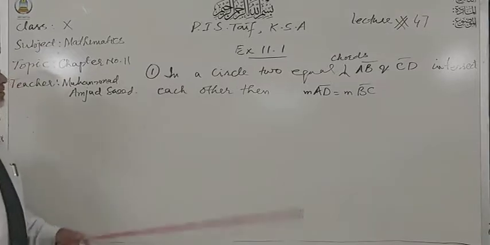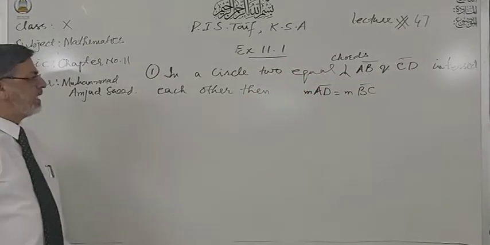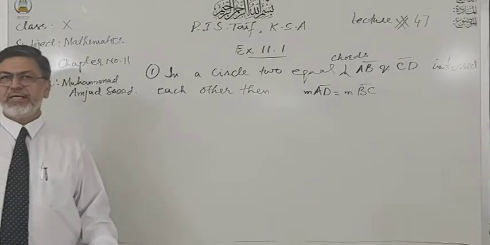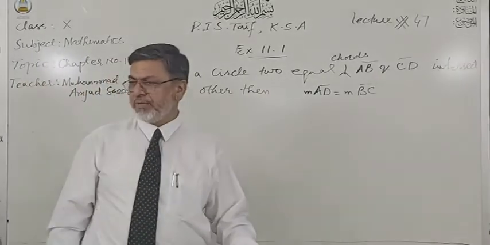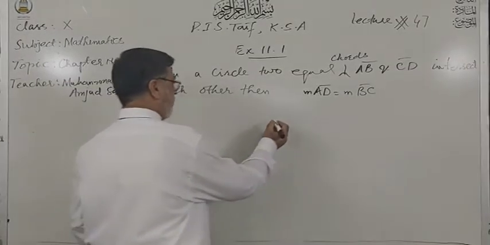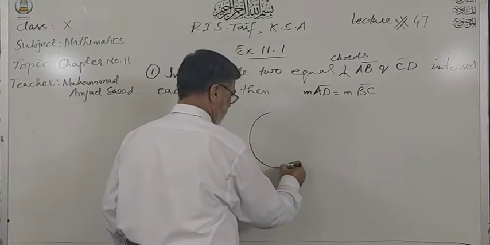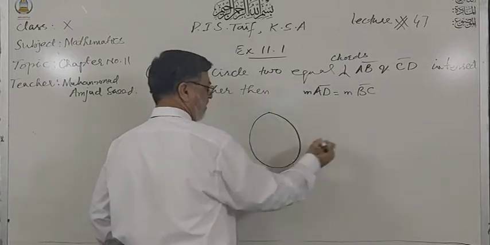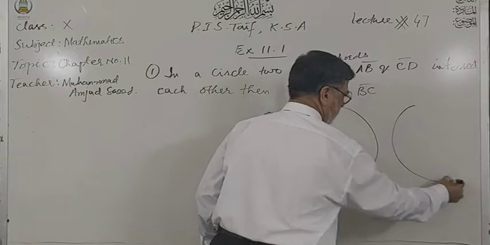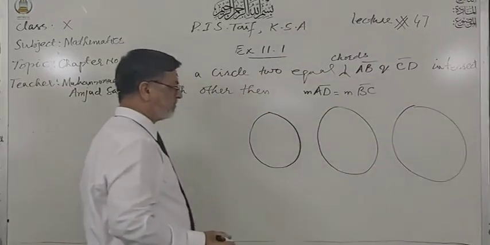In a circle, two equal chords AB and CD intersect each other, then AD is equal to BC. We have three possibilities like that. Here is one circle, second and third.